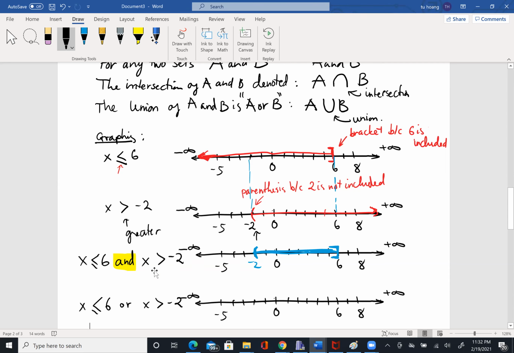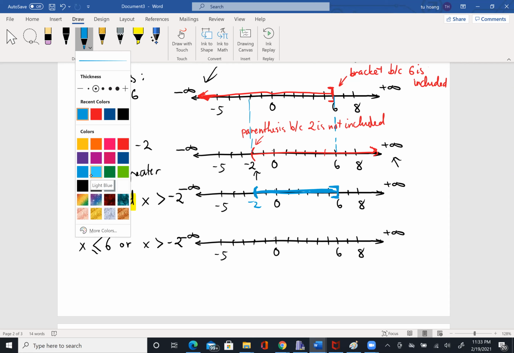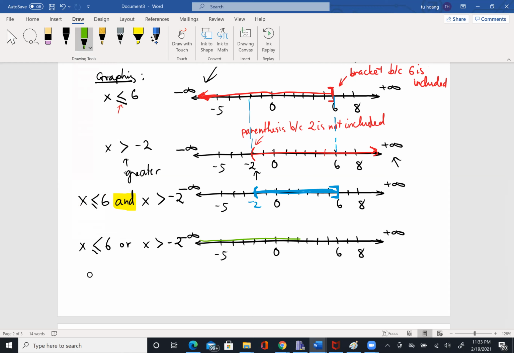You just take the lowest value of the first set, which is negative infinity, and the highest value of both sets, which is positive infinity. Because it's combined everything, it goes from negative infinity to positive infinity. So use this color, combine from here to here. See that?